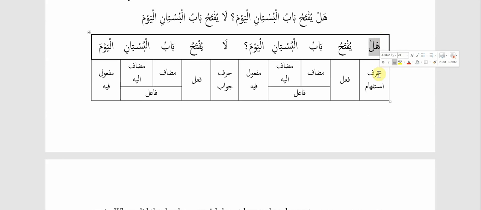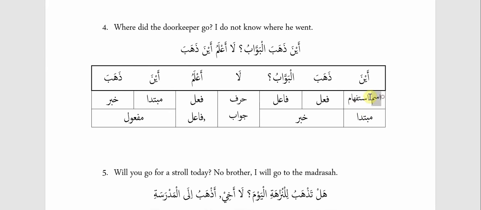You have nominal sentences and verbal sentences, but no particle sentences. In this case, you ignore this, and you look at the second word, the first fi'l, or the first verb. Whatever comes first, the verb or the noun, that's what your sentence is considered as. So in this case, it was a verbal sentence. Here, because you start with a noun, it's going to be a nominal sentence.